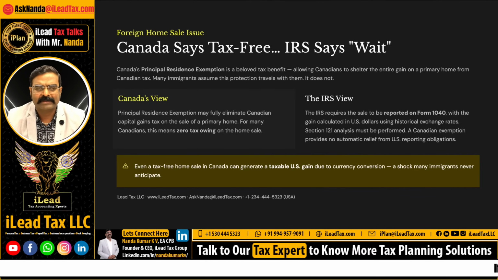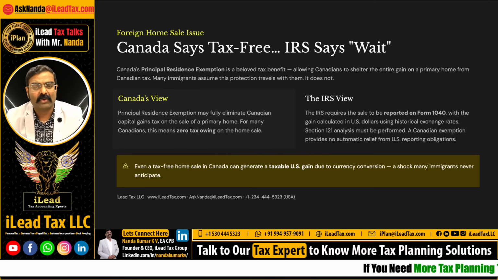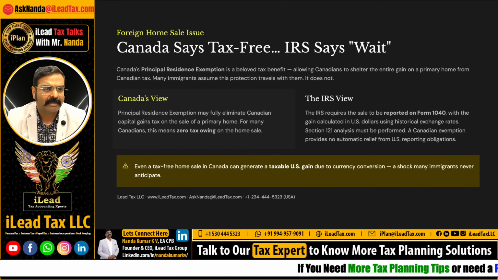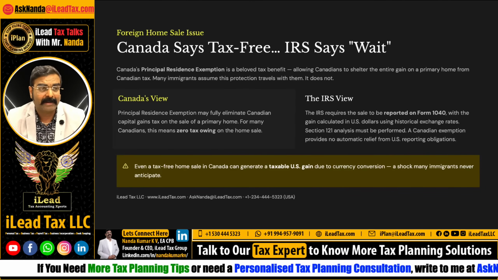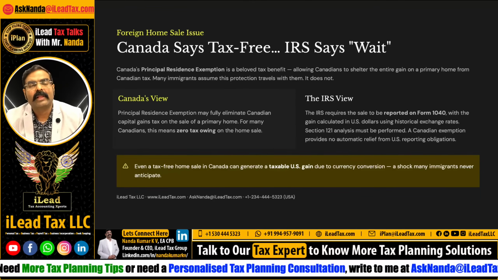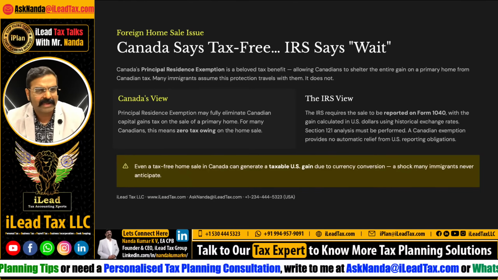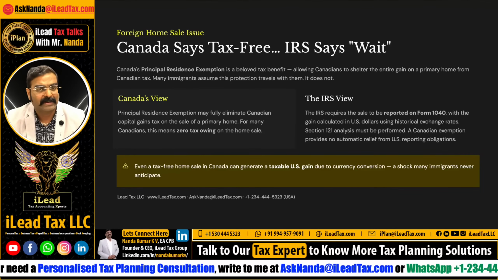No capital gains tax, zero. So for many Canadians who bought homes in 2010 and sold in 2023, that's hundreds of thousands of dollars in tax free gain. Wonderful benefit, isn't it?